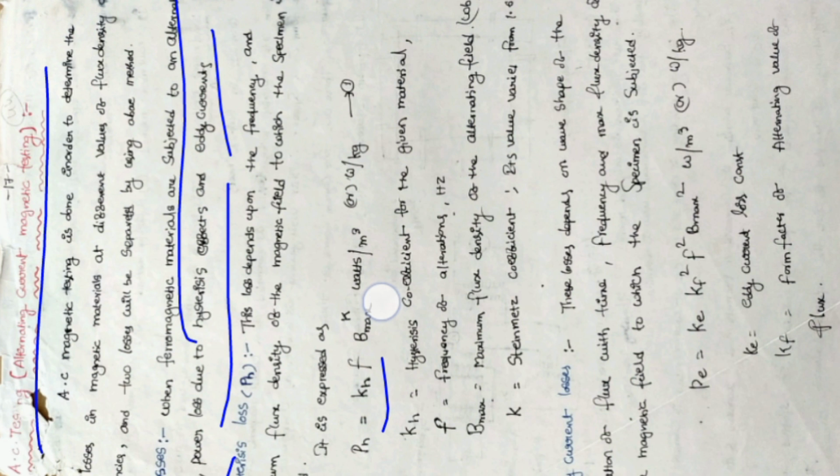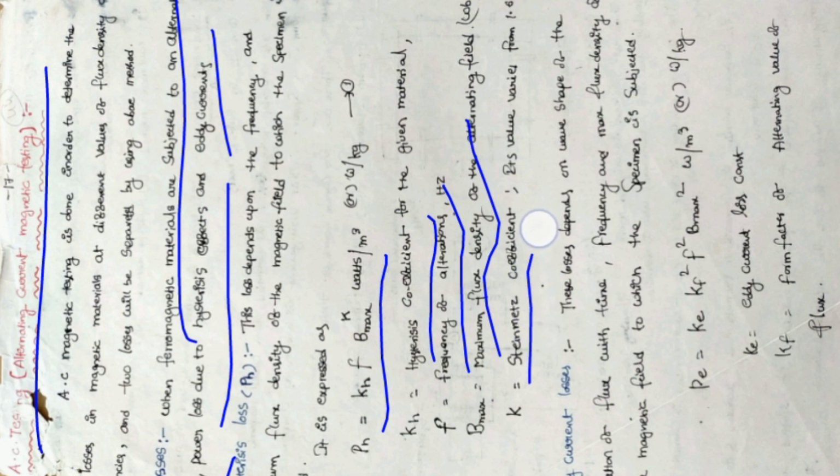The hysteresis loss is given by the formula Ph equal to KH f Bmax to the power K watts per meter cube or watts per kg, where KH is the hysteresis coefficient of the given material, f is the frequency of supply, Bmax is the maximum flux density in Weber per meter square, and K is the Steinmetz coefficient, whose value varies from 1 to 2.